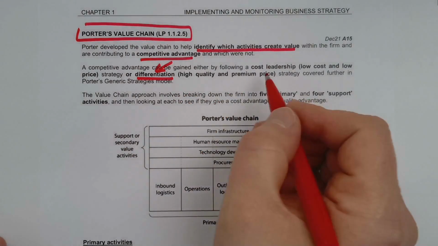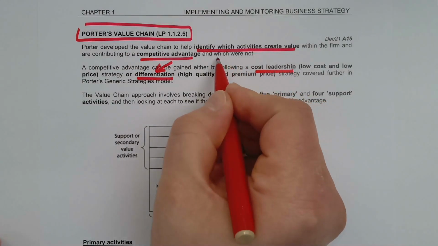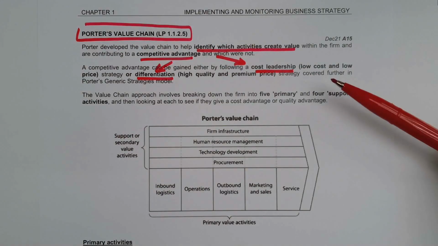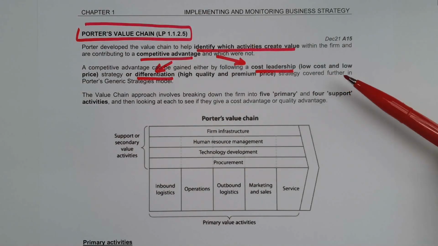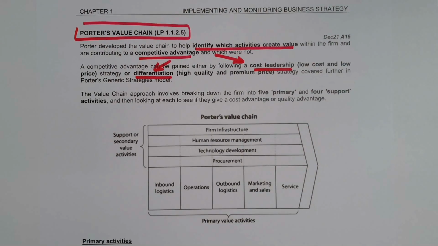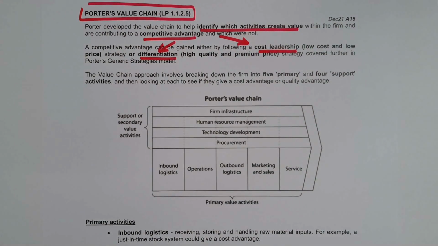Or you can aim at the low end of the market. This is through what's known as cost leadership. Here, you're aiming to keep your costs low because what you're trying to do is charge low prices and compete on value for money, low price. How do we achieve these competitive advantages? Well, what we need to do is go for activities and look to see how we can create these values.